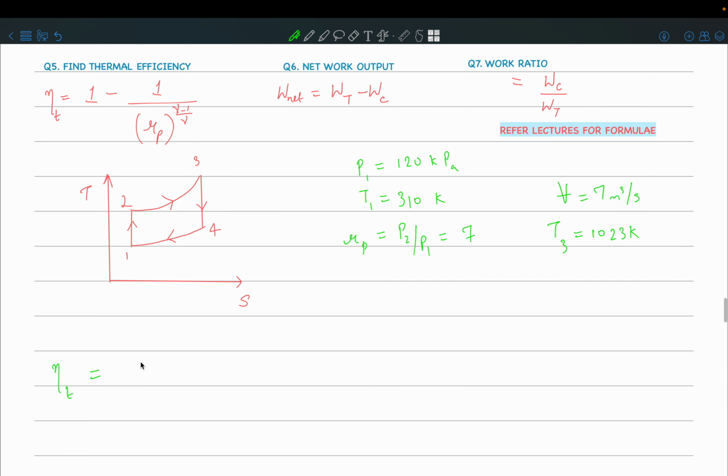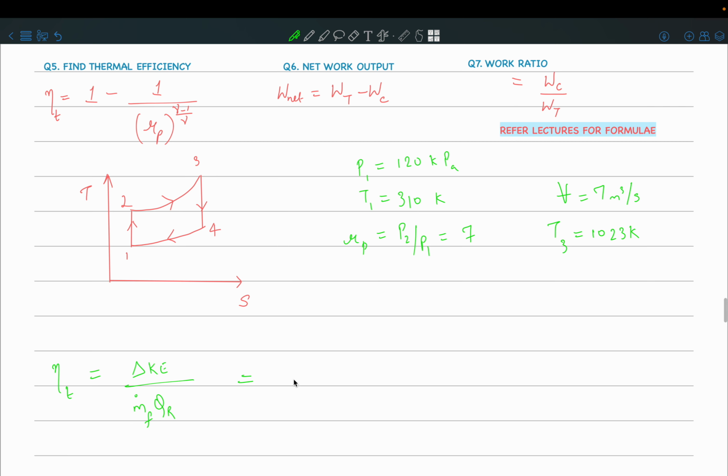See, remember the definition of thermal efficiency: how much change in kinetic energy is brought about for a certain input amount of energy due to burning of the fuel. Using this definition, you can write the change in the kinetic energy in terms of the stagnation enthalpies, that is H03 minus H04 minus H02 minus H01.